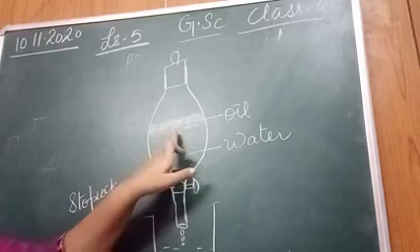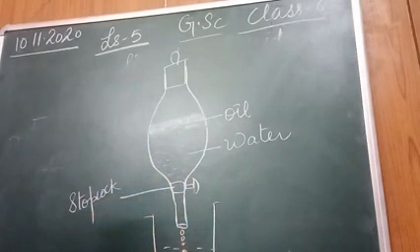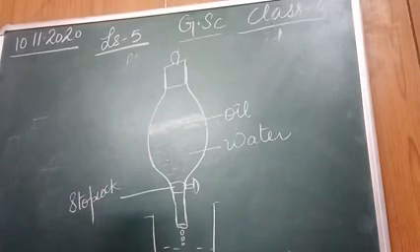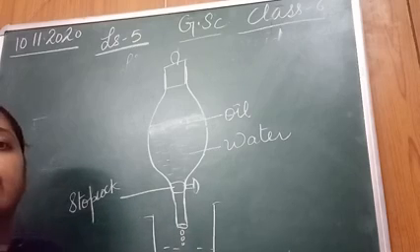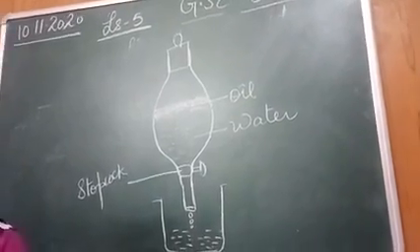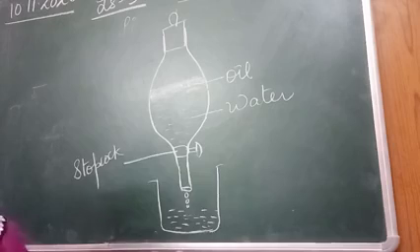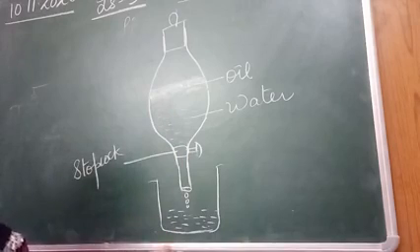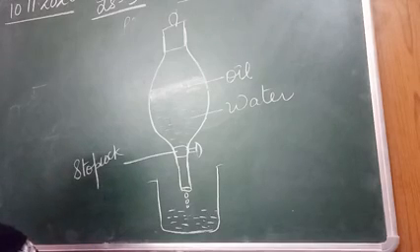And when the whole of the water is poured in the beaker, only oil is left in the separating funnel and this oil is collected in another beaker. In this way, we are able to separate out both the components, right? Hope this is clear to you all. This is a separating funnel. Okay.